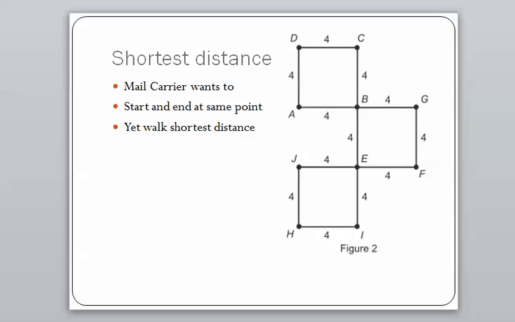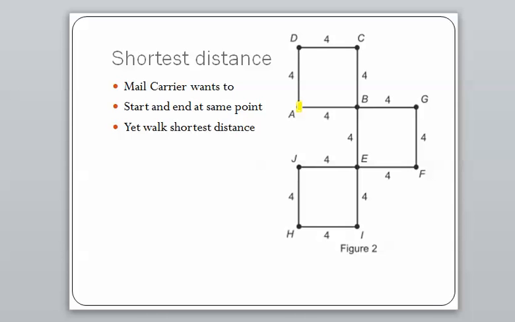The reason that these have come up has been UPS, Federal Express, US Mail, the ice cream man. They all want to do certain things. They want to start at a certain spot at their warehouse, travel the shortest distance possible, and wind up at the same spot again. Okay?